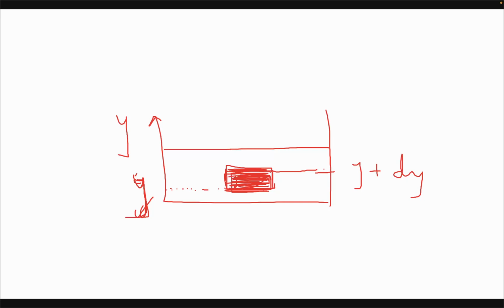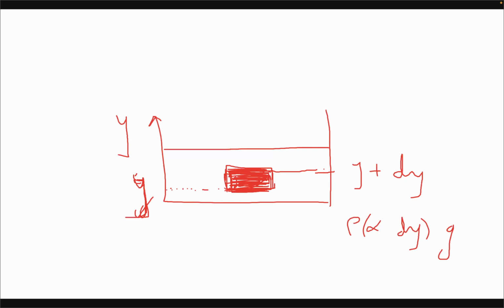What will be the FBD for it? To be presented in terms of its mass. Mass we know is rho, the density, multiplied with volume. Volume will be alpha into dy. This gets me the mass, multiplied with g gets the weight.